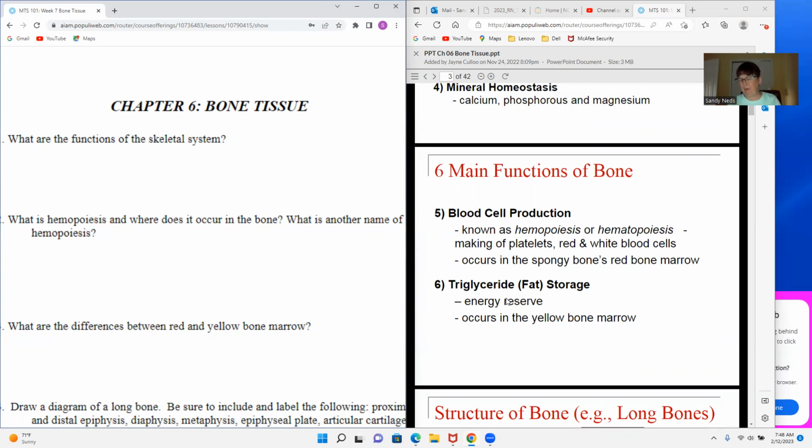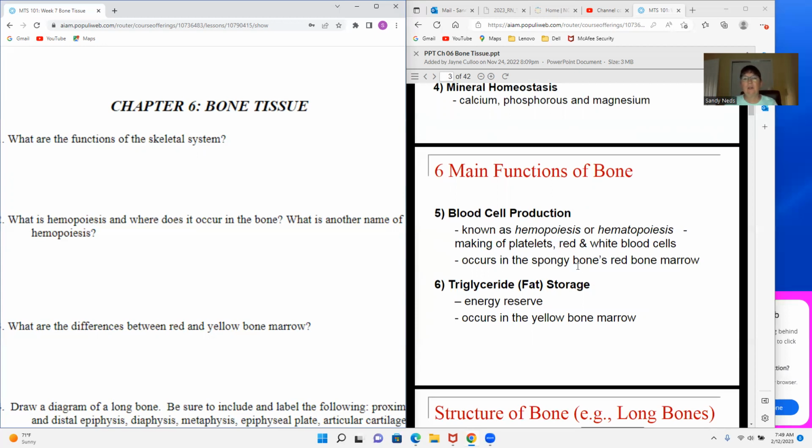So let's learn names for them. Red blood cells are erythrocytes. White blood cells are leukocytes, and platelets are thrombocytes. So thrombocytes, erythrocytes, and leukocytes.